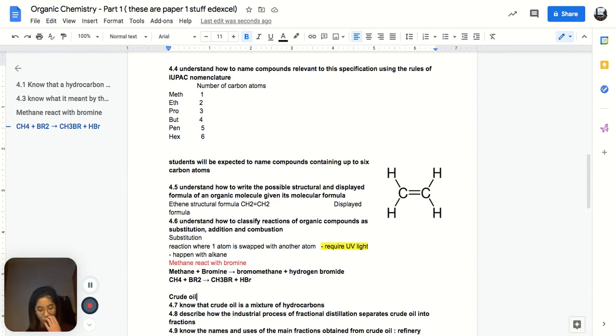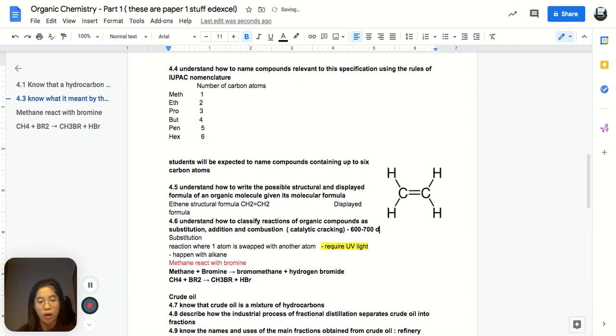And let me tell you, all of these are catalytic cracking. And if you guys didn't learn catalytic cracking, a catalyst in biology is basically an enzyme, and you would need an enzyme for these. So that's why there is a specific temperature you would have to follow. It's basically 600 to 700 degrees.